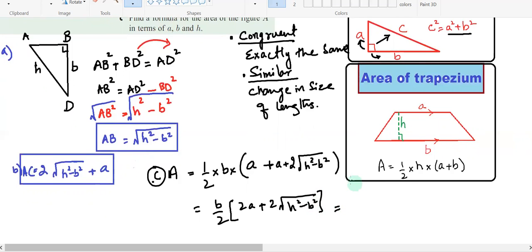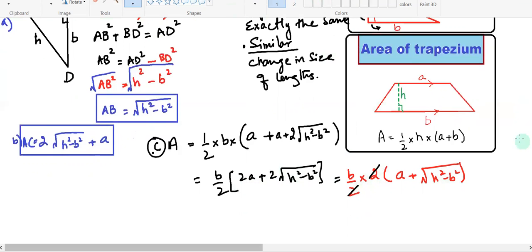It's usually the expectation of the question maker that you present your answer in the simplest form. I see that 2 is common in both terms in the bracket, so I can take that out and write it like this: A plus the square root of H squared minus B squared. And this cancels out. Our final answer for the area of this figure is B times the bracket A plus the root of H squared minus B squared.